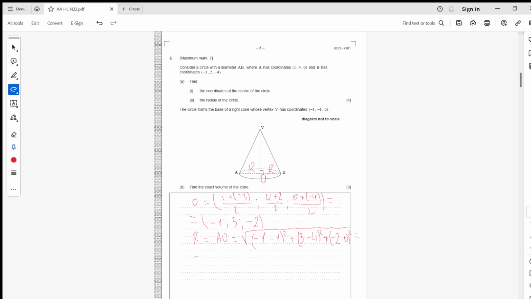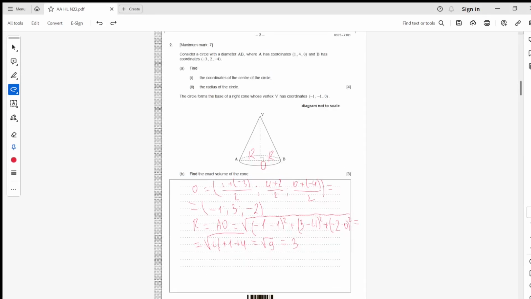So this thing equals the square root of 4 plus 1 plus 4, which is 9, which is 3. And this is the answer.